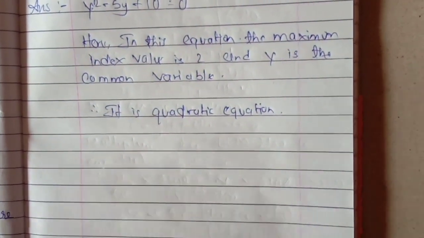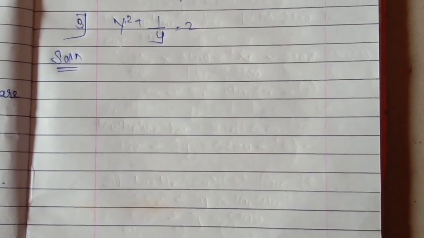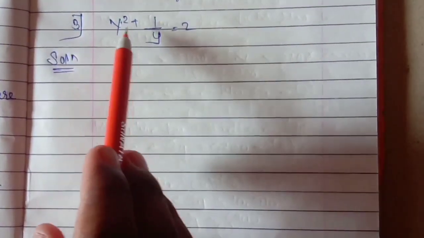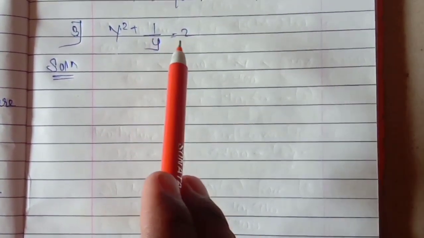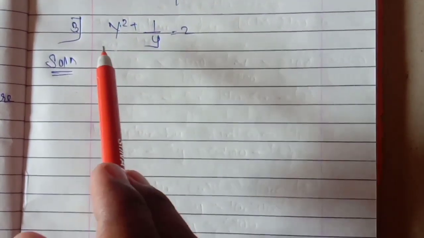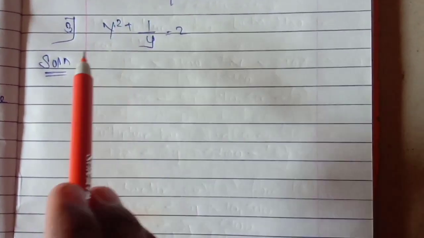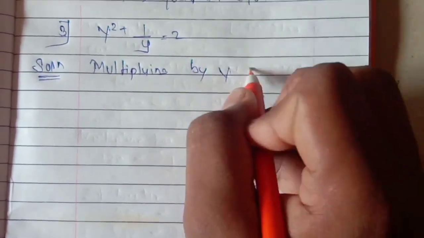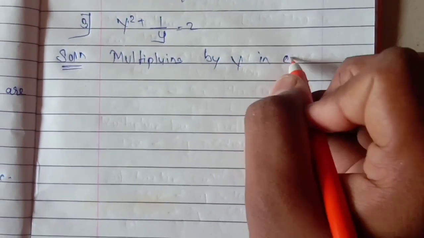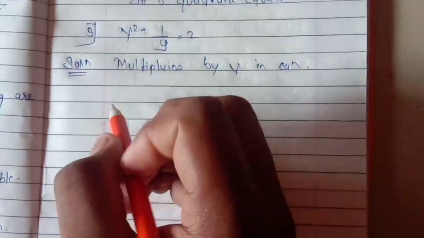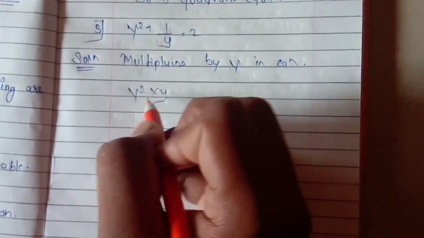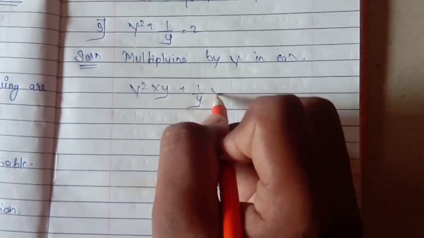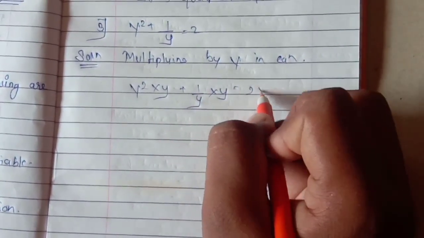Now we will solve the third, that is y square plus 1 upon y is equal to 2. In this equation you can see there is a 1 upon y. So we multiply both sides of the equation by y. So y square into y plus 1 upon y into y is equal to 2 into y.